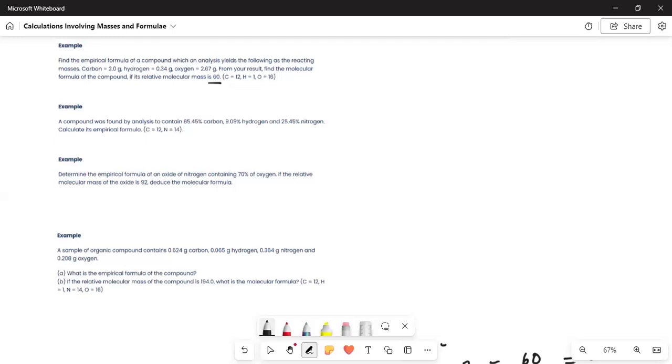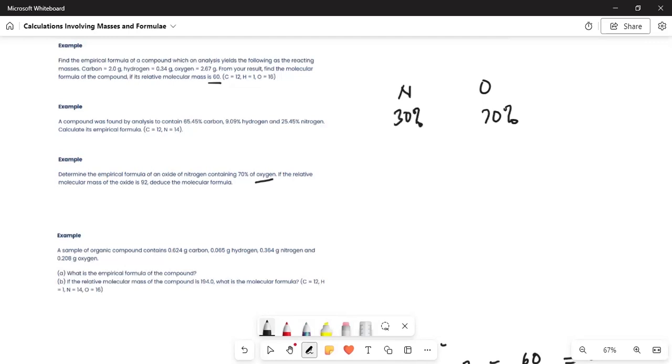They didn't give us that directly, but as long as percentage is out of 100, if the percentage by mass of oxygen is 70, that of nitrogen should be 30. Let's write the component elements nitrogen and oxygen.